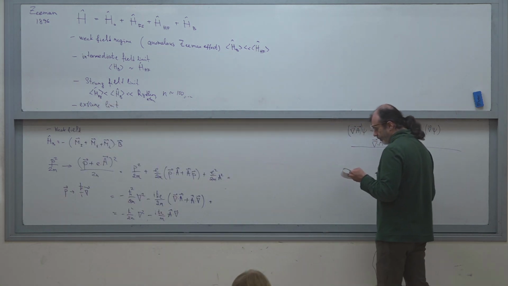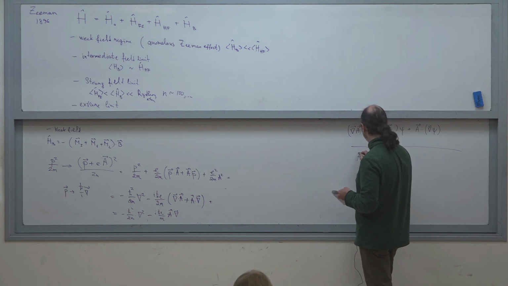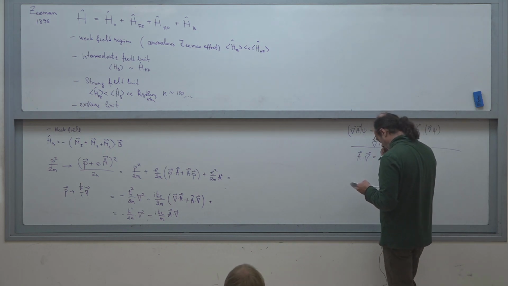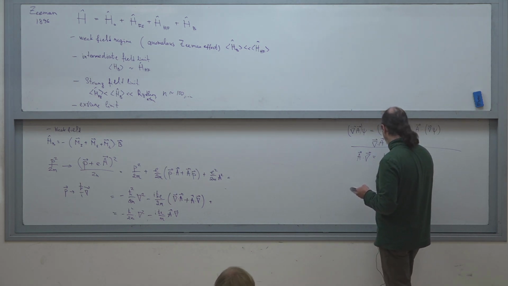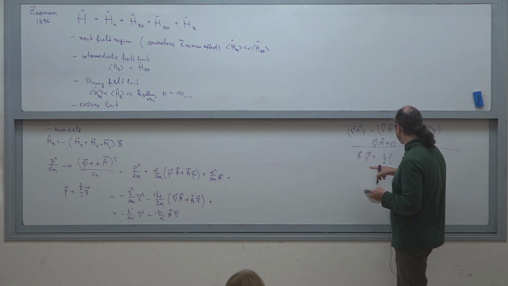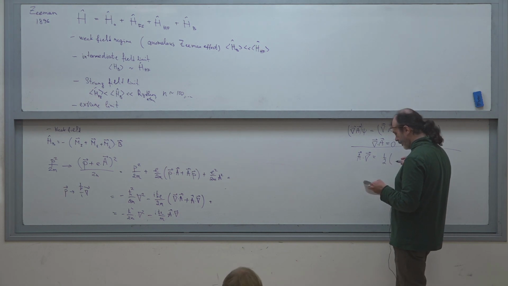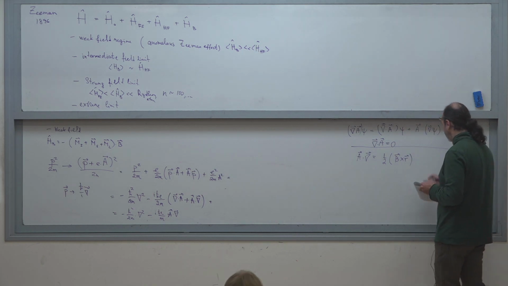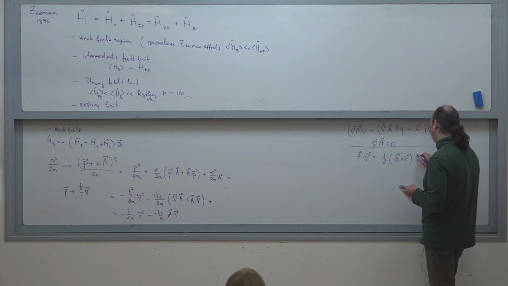If we have a uniform magnetic field, then A multiplied by the gradient is essentially, the vector potential of the uniform magnetic field is just 1/2 B cross R, and then this multiplies by the gradient.